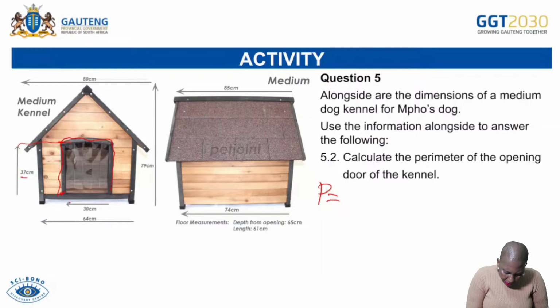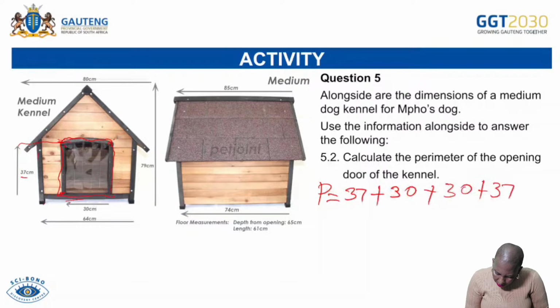So I can simply say 37 plus, from here up until here, we say it is 30 centimeters. And then from here up until here, it is 30 centimeters. And then opening here, it is what? Sorry, it is 30 centimeters here, 30 centimeters, 37, and then we need to add 37.